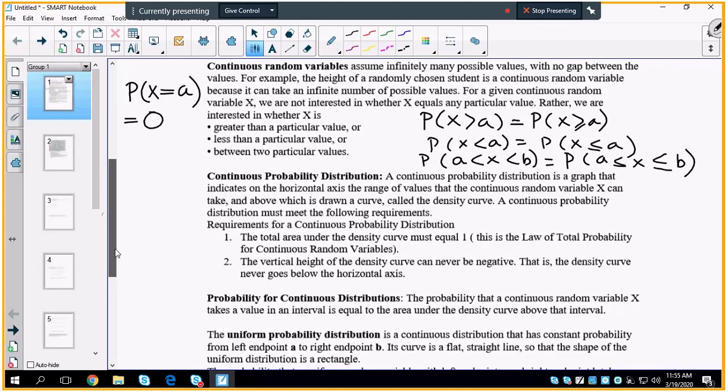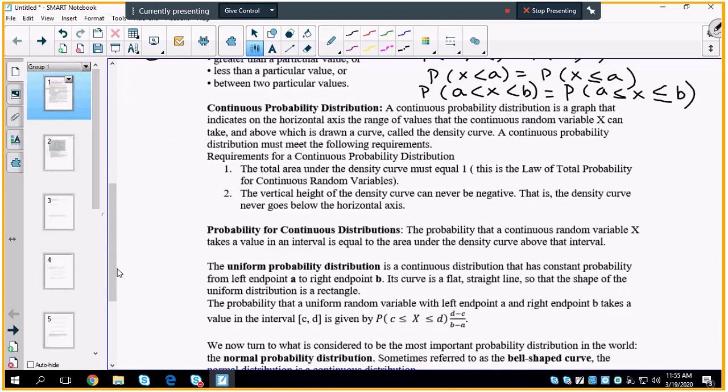A continuous probability distribution is a graph that indicates on the horizontal axis the range of values that the variable can take, and above which a curve is drawn, which is called the density curve. The continuous probability distribution must meet the following requirements. The total area under the density curve must be equal to 1.